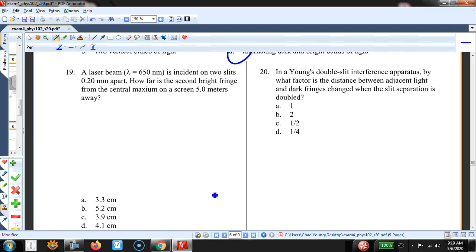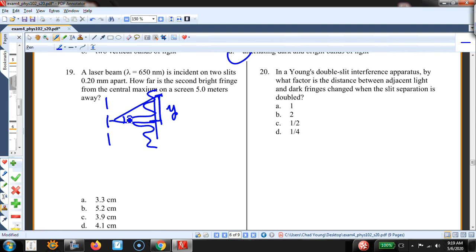Okay, number 19 takes a little bit. So first we have a situation like this. And I want to know how far is the second bright fringe from the central maximum. What is this distance, y? Okay, so I know that this is a triangle, and I can find this angle theta.